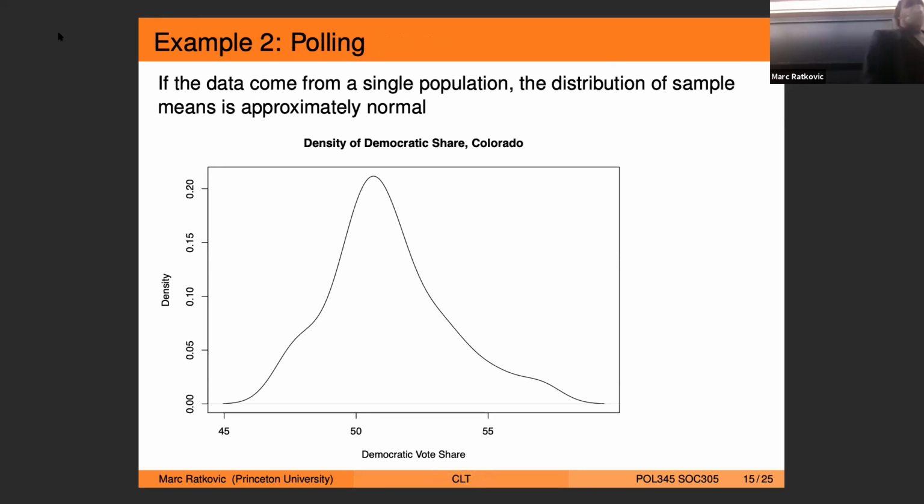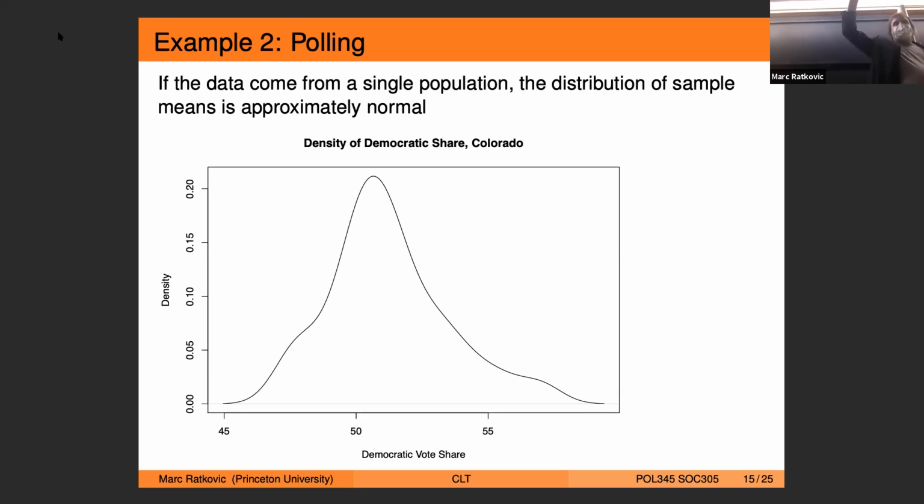One example is polling. What you'll see here, I think, is from the 2012 election. If you take a survey of people and you ask them, do you approve of the president? Or would you support the incumbent president over his challenger?